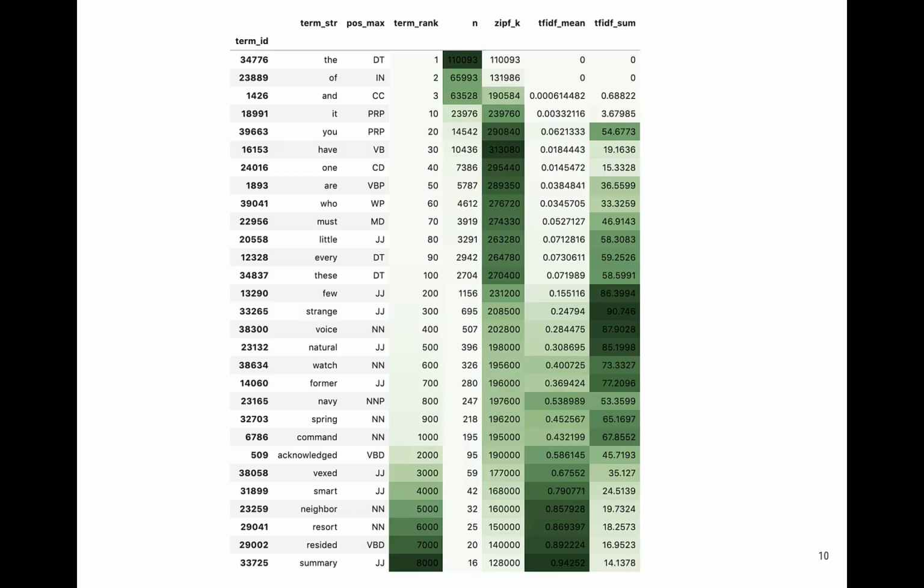You can see that N and term rank are inversely related, so that as N decreases, term rank increases. You can also see Zipf's constant, which is an attempt to come up with that middle dotted curve that we talked about. And you can see that it does have a distribution that's in the middle, skewed more toward the N side than to the term rank side.